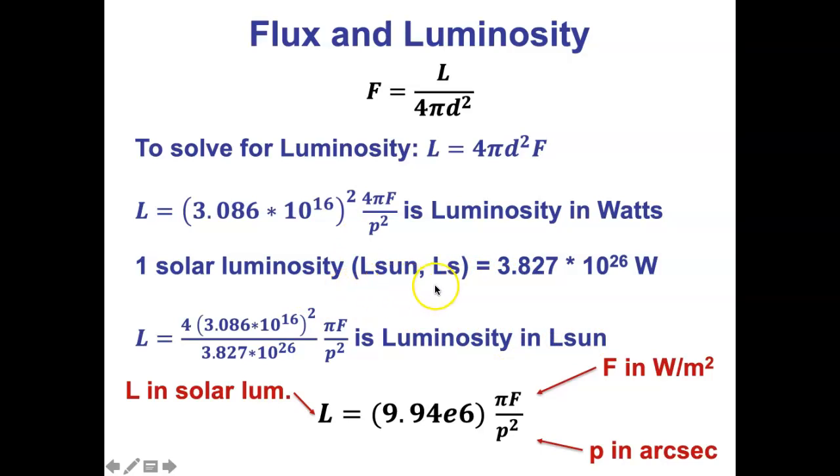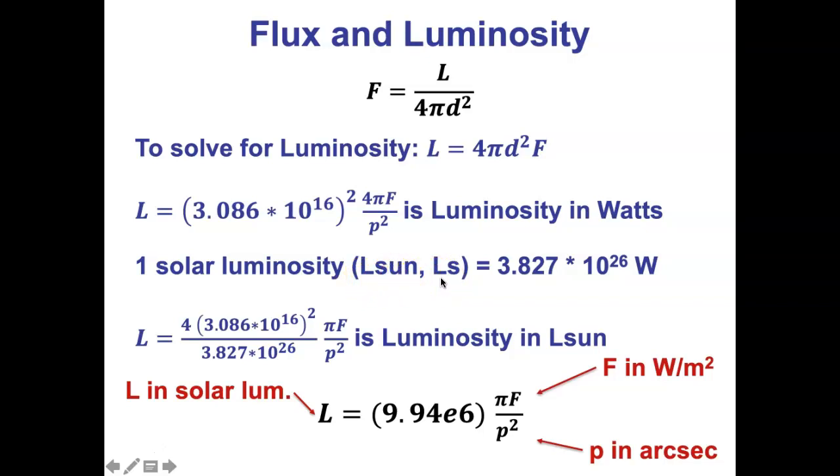So we're going to invent a new unit, much like we've been doing all semester. We're going to invent a unit, the solar luminosity, where 1 solar luminosity is the luminosity of the sun. Most of the time I will write solar luminosities as L sun.